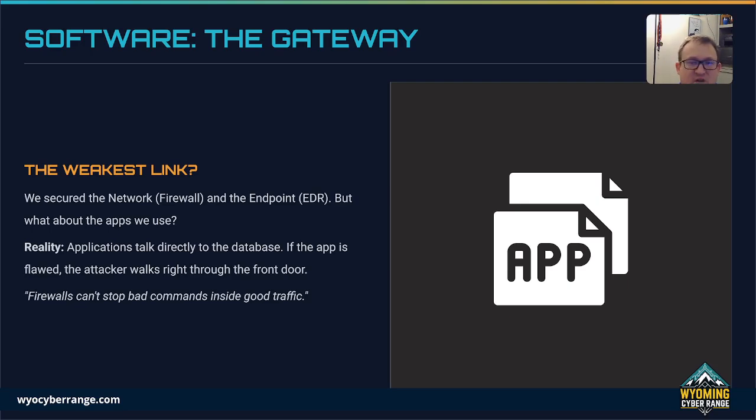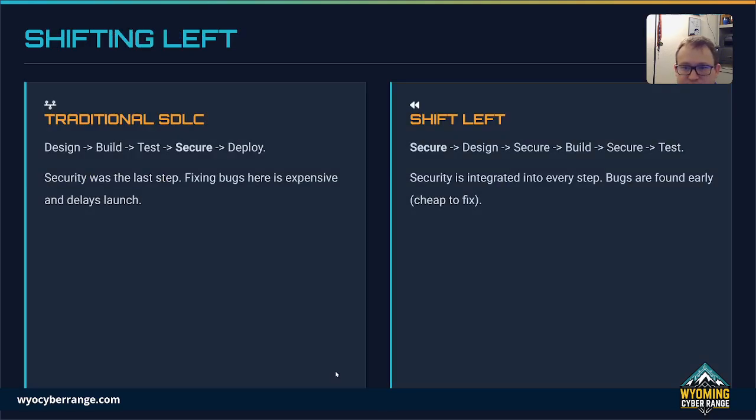So applications talk directly to the database itself. If the application is flawed, then an attacker can trick it into handing over sensitive data, completely bypassing all network defenses. Remember, firewalls can't stop bad commands hidden inside of good traffic. This is just one of the things that is above it.